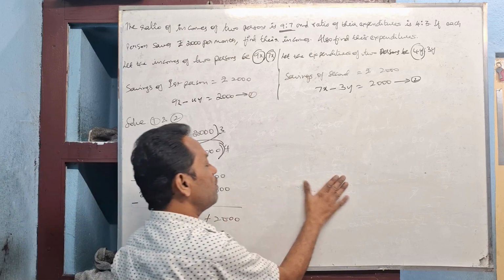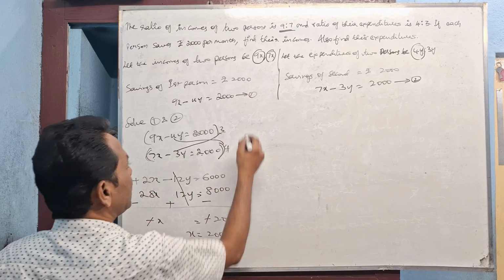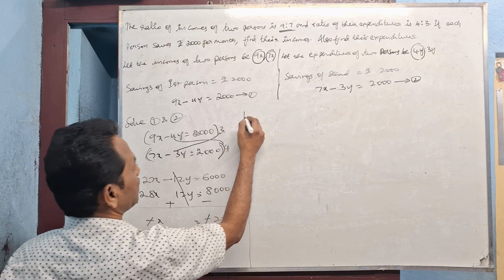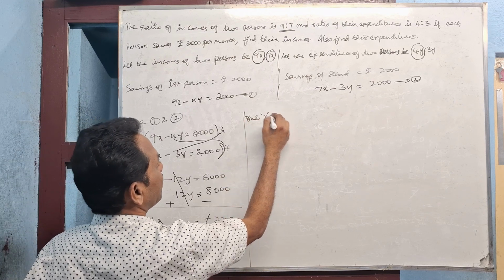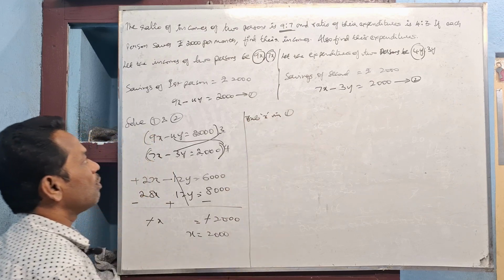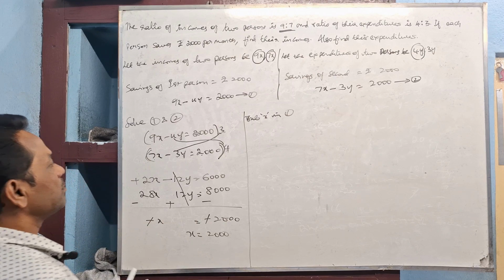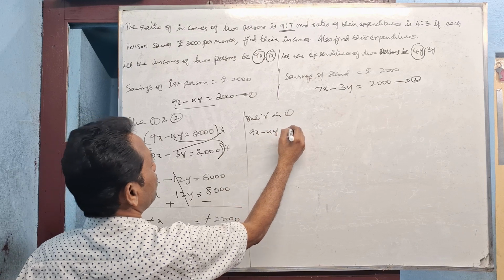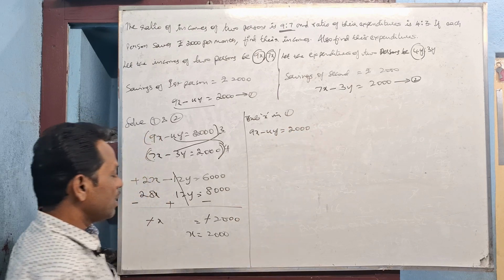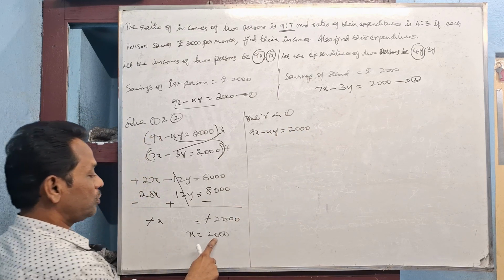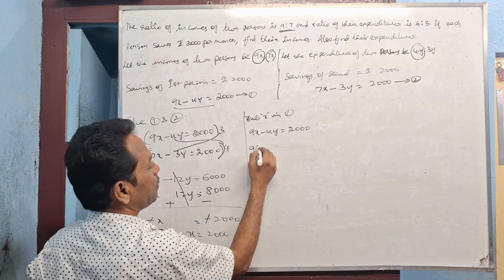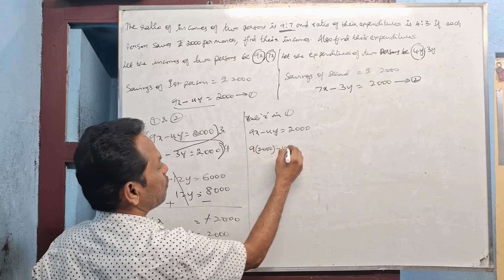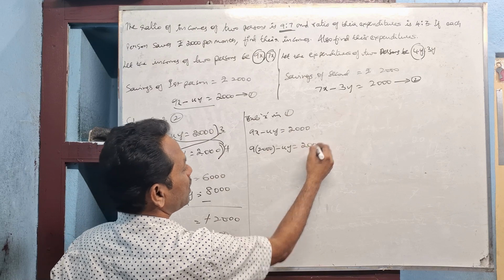Now how to find the y value? Once you know the x value, let us substitute x in equation 1. Our first equation is 9x minus 4y equal to 2000. The value of x is 2000, so 9 into 2000 minus 4y equal to 2000.